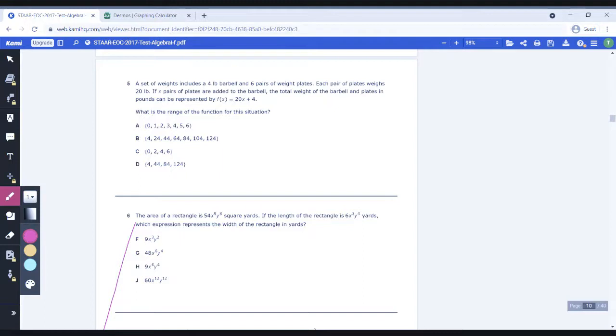So we know the range is the y values. Our x values are any number of plates.